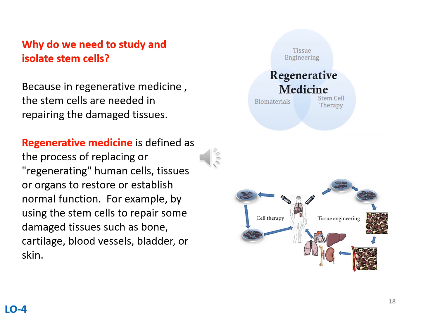What is regenerative medicine? It's defined as a process of replacing or regenerating human cells, tissue, or organs to restore or establish normal function. For example, using stem cells to repair damaged tissues such as bone, cartilage, muscle cells, bladder, and for that matter, skin. So it's an ongoing process of research in stem cells.